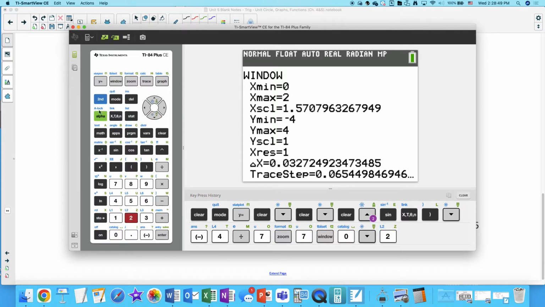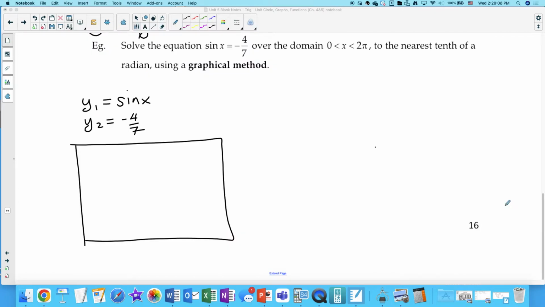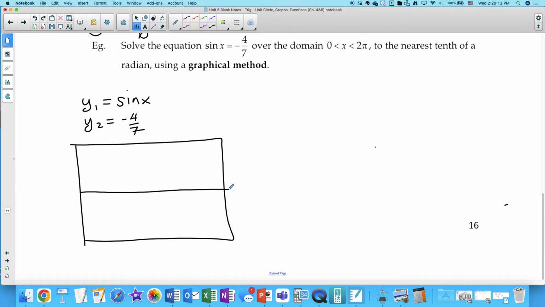Okay. And then I'll hit graph. And now I know, okay, these two intersection points are the solutions to my equation. Okay? So I'm going to do a little sketch of that.